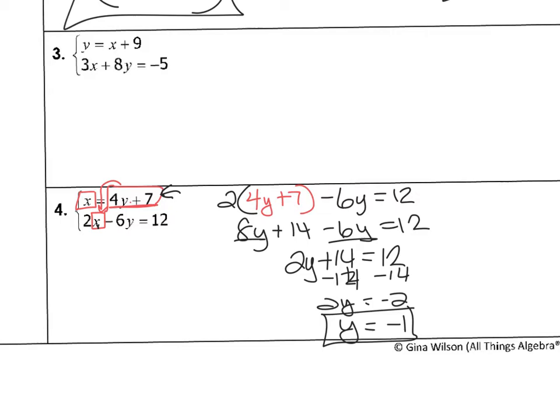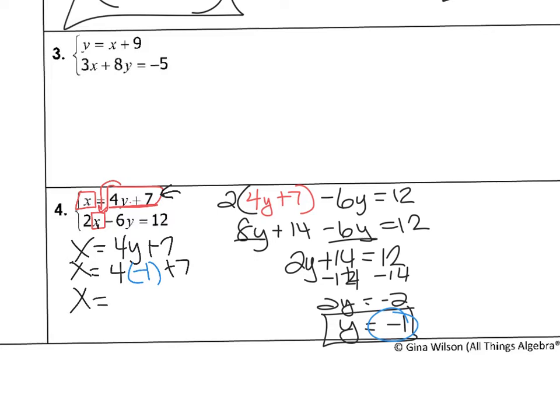I know what y is. So what do you think I can do now? I have to find x. So if I know that y is -1, then I can go back to the original equation, x equals 4y plus 7. I can replace the y with -1 from over here, plus 7.